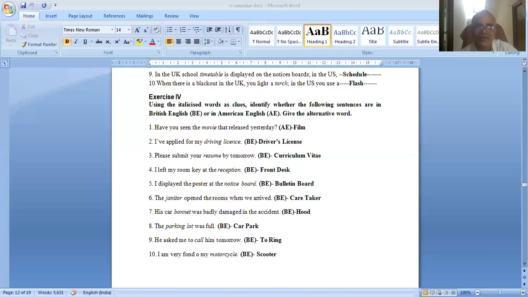So in this way, this section of unit number 2 vocabulary focuses on the differences between British English and American English in terms of spelling and vocabulary. Four exercises are given to us in different ways, and we try to find out the correct answers for all the exercises.